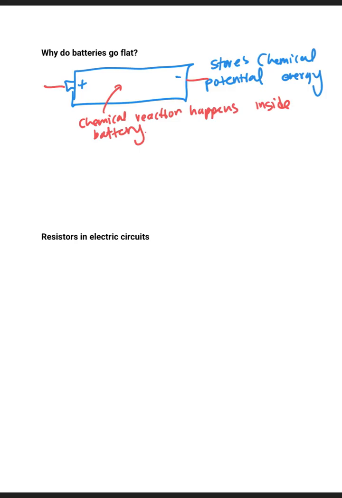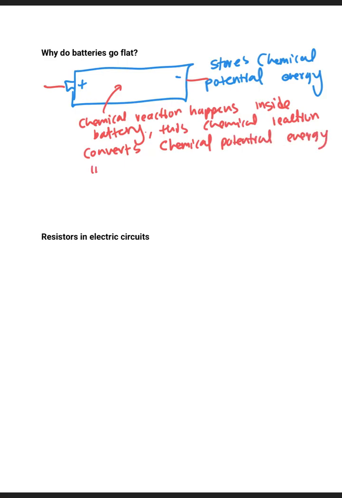which converts chemical potential energy to electrical energy. So this chemical reaction converts chemical potential energy into electrical energy.